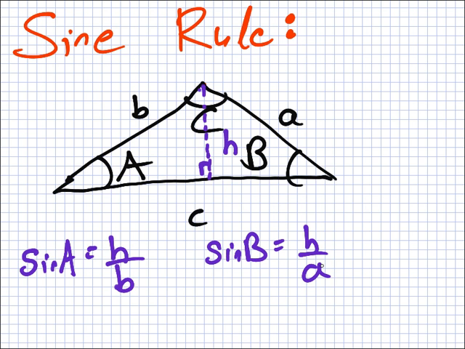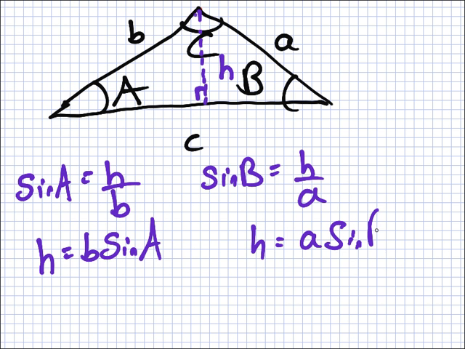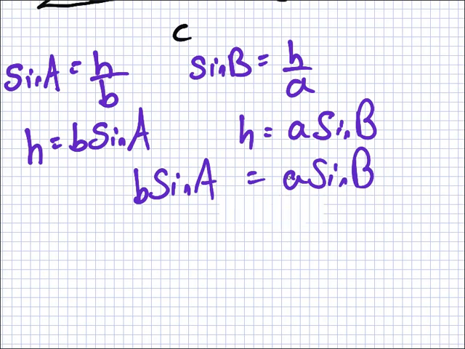Right. So here we have H equals B sine A. And here we have H equals A sine B. So we get B sine A equals A sine B. And so we get our result.